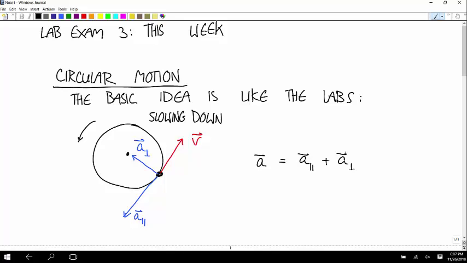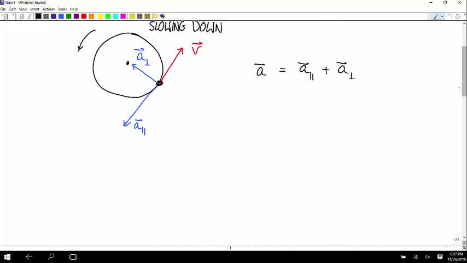So now I'm going to give you a list of the three things really that are new with circular motion, with the calculations that we're going to do in class. There are only three new things, and two of those three things are just new names.